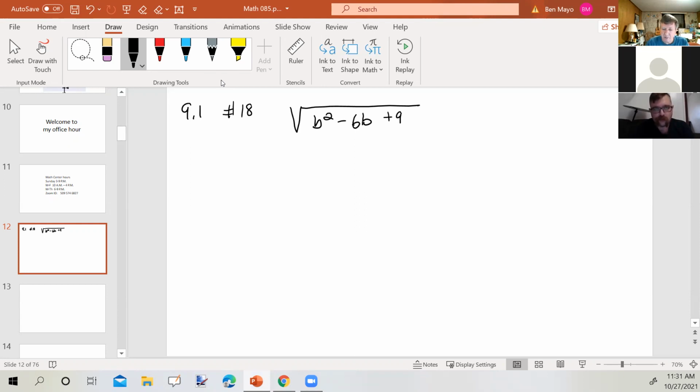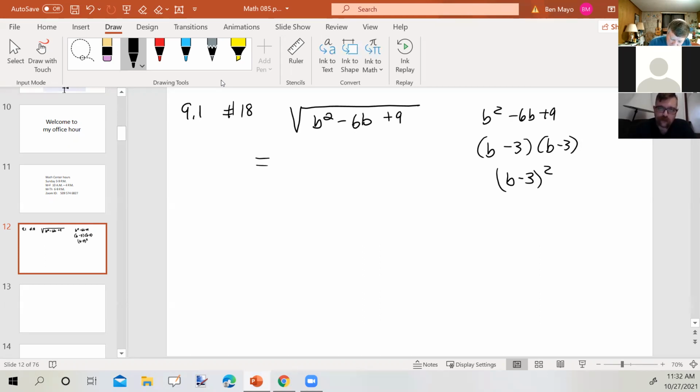Well, I can take the radicand inside there, b squared minus 6b plus 9, and it factors into a perfect square trinomial. So then this becomes the square root of b minus 3 squared, which is b minus 3.